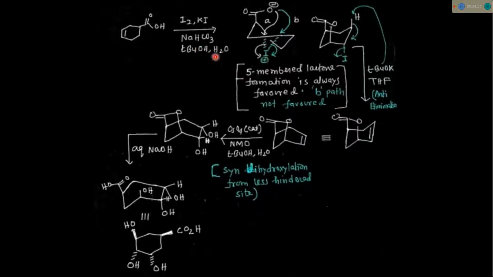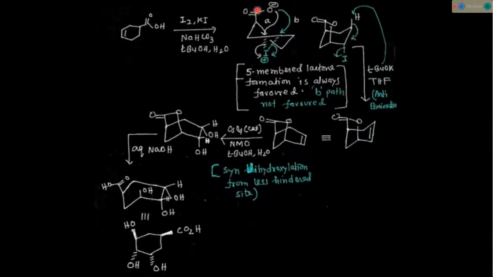After forming the cycloiodonium ion, it becomes a cyclohexane, so we have to draw the chair form. So the cycloiodonium ion is formed with the alkene if we use I2. So KI is just a nucleophilic catalyst for these reactions.